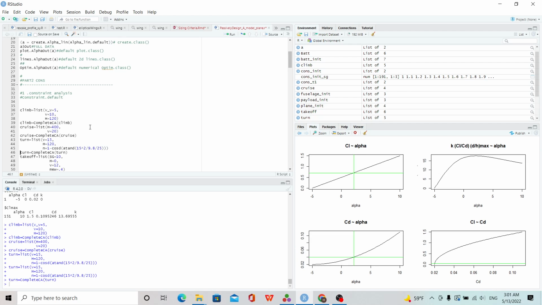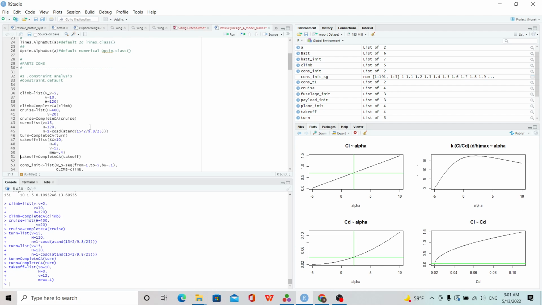And complete CA is helping you calculate the kinetic energy density. The Q equals 1/2 rho v squared.